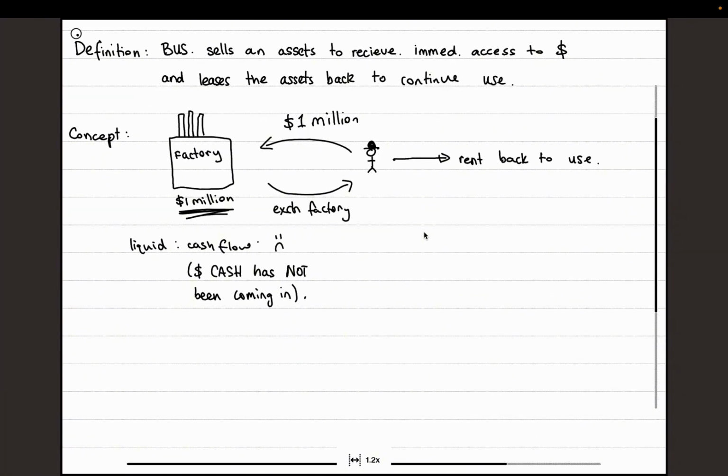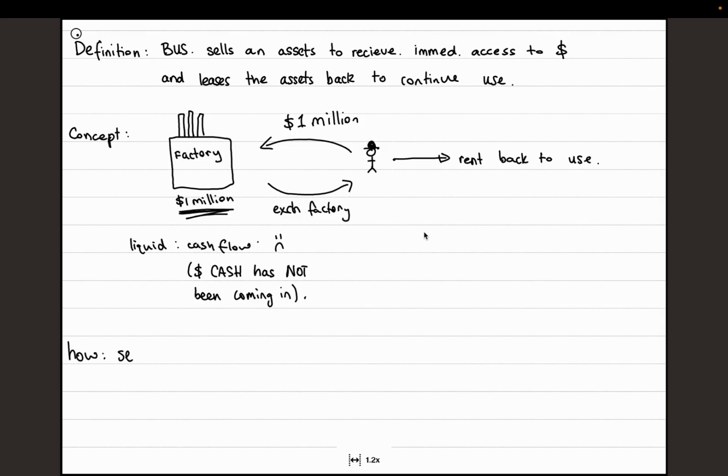So that leads us on to the how. Very simply, selling. And this is where you can use your examples, like your specific examples. Selling, and we can say, for example, factory, office space, what's another, vehicles, etc. Okay, for example, factory, office space, vehicles, selling, for example, factory.